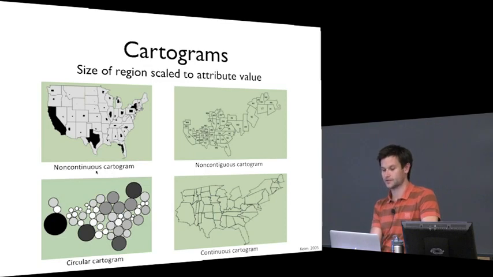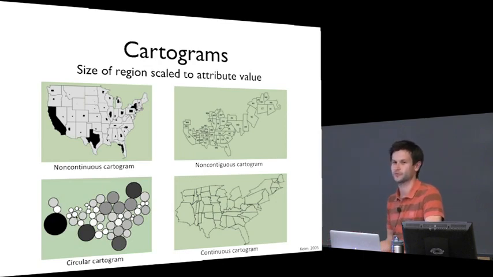There are non-continuous cartograms, where you just make the regions smaller or bigger. A circular cartogram would be to take circles and replace the whole map by just circles. And of course, this only makes sense to tell the user the rough numbers, but you completely lose the relation to the geography behind it.